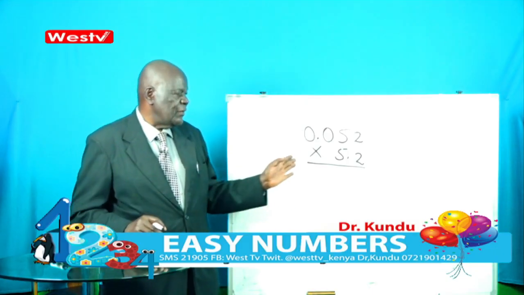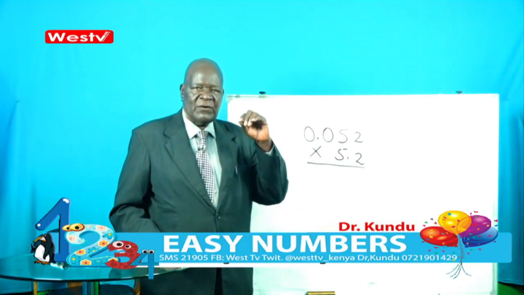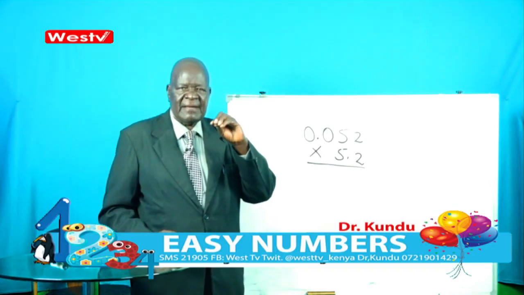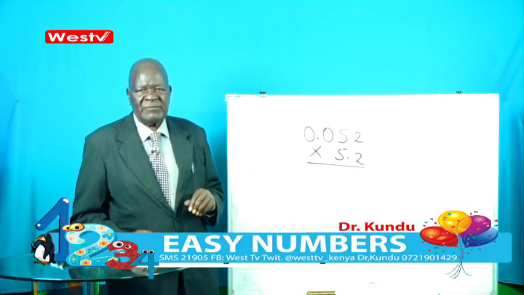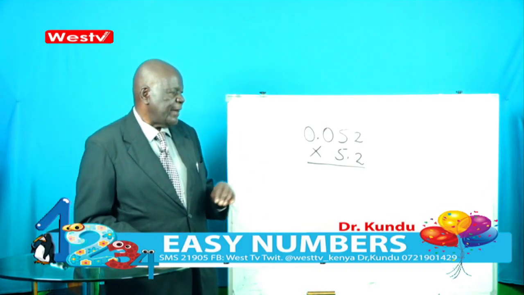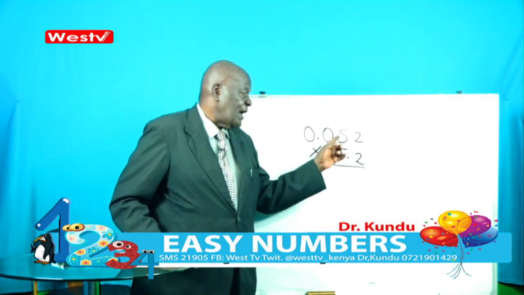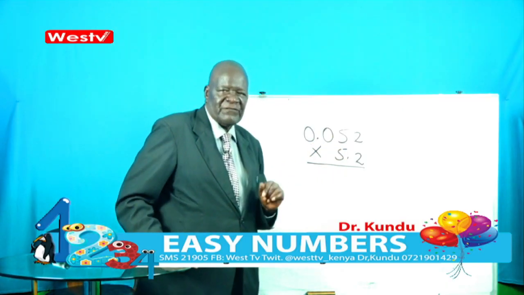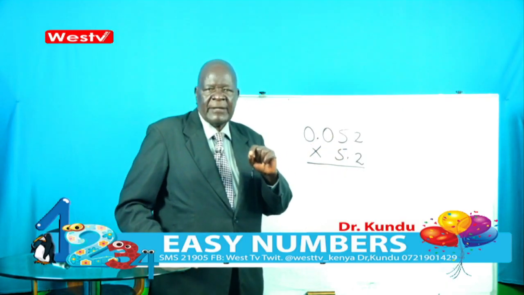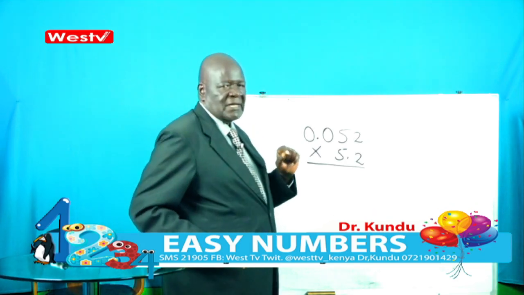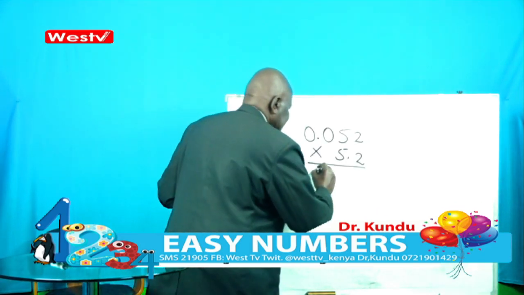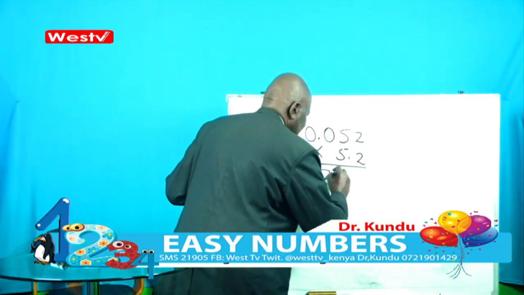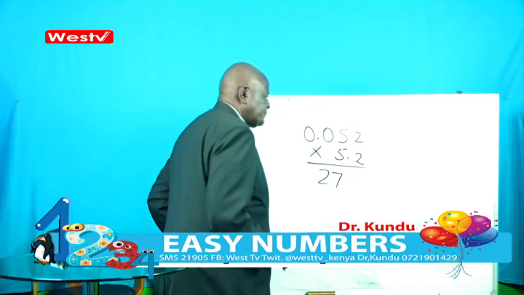So you ignore the decimals and deal only with plain number 52 times 52, where you multiply 5 times 5 to get 25 and quickly add on the common 2 and find 27 as the beginning of your answer.